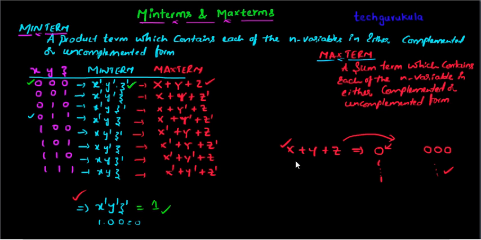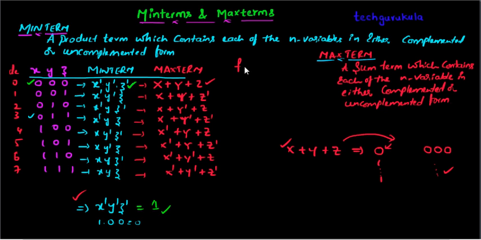Now, we know the basic difference between minterms and maxterms, but why are we defining them like that? How are we going to use them? For a better understanding, let us take a function. Let me write down decimal values for this: 0 1 2 3 4 5 6 7, just to make life easy.